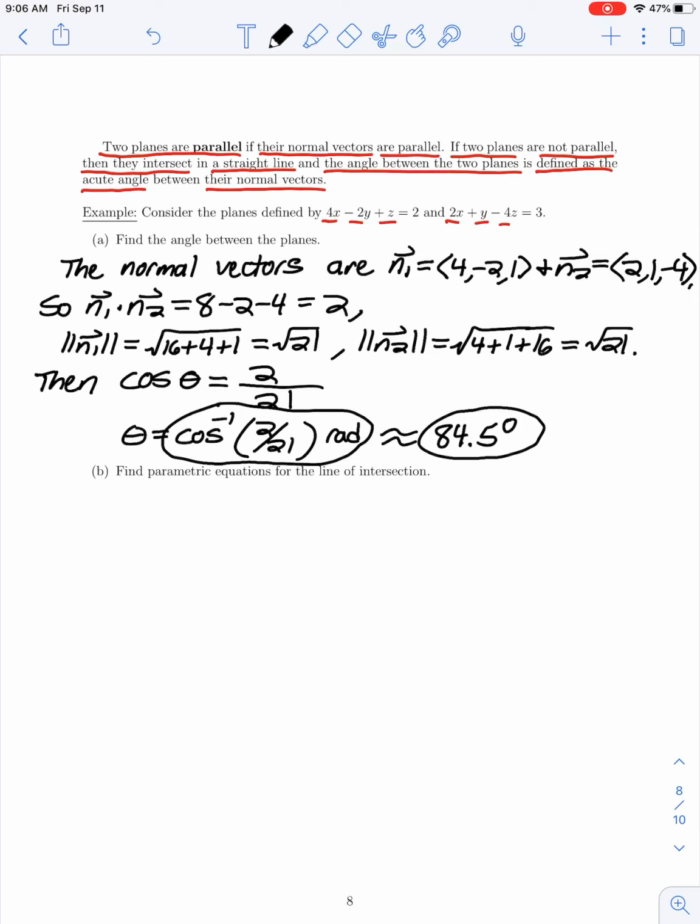So here, the easiest way to do this might be to consider where that line of intersection crosses one of our coordinate planes. So let me start by saying this. First, we need a point on this line of intersection.